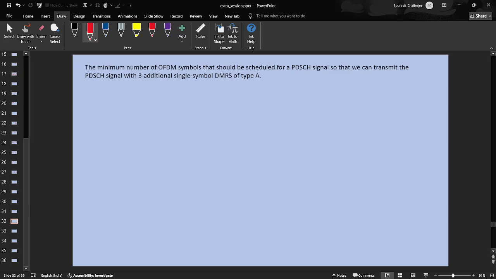So we are talking about DMRS of type A, and we are willing to transmit three additional symbols. What is the minimum number of OFDM symbols that should be scheduled to even allow myself to transmit three additional single symbol DMRS of type A?